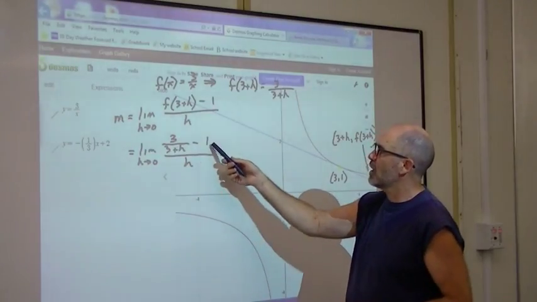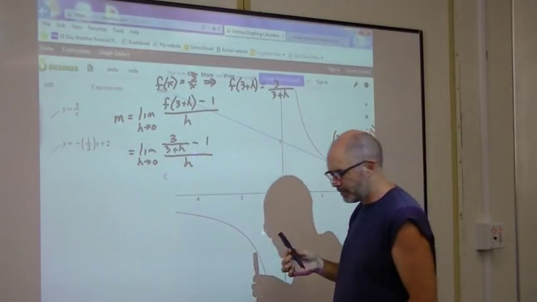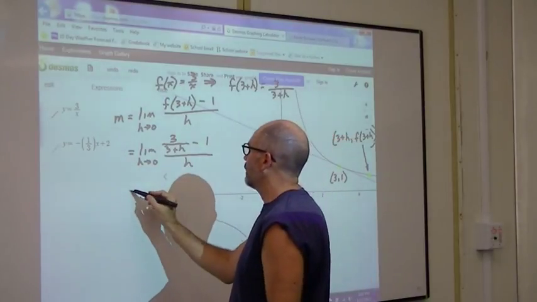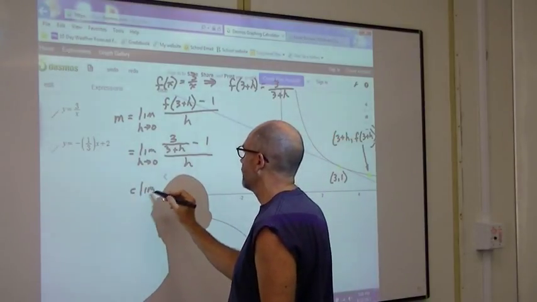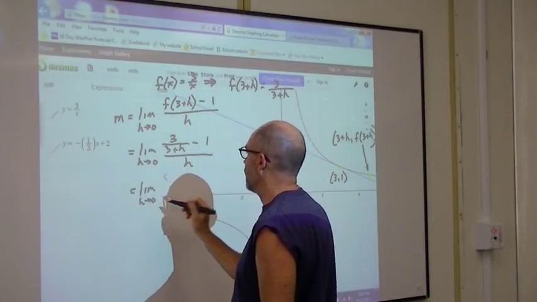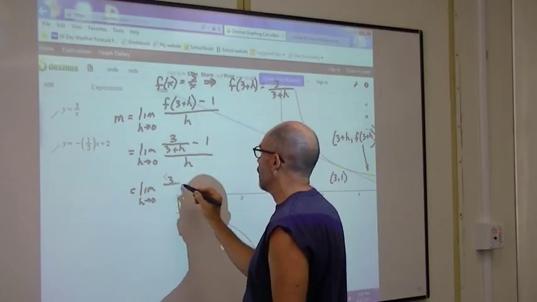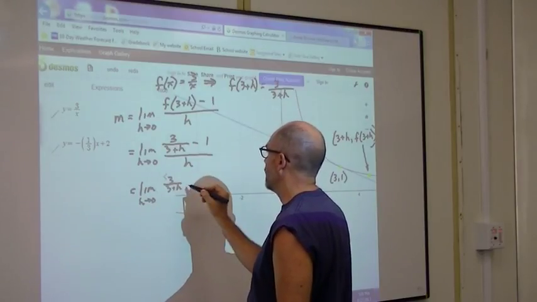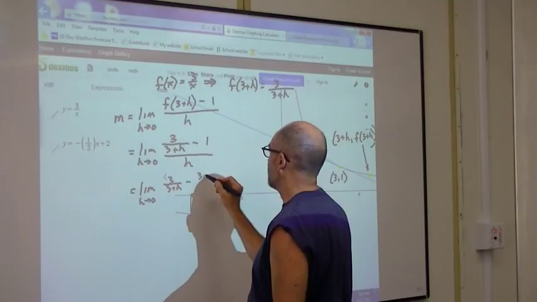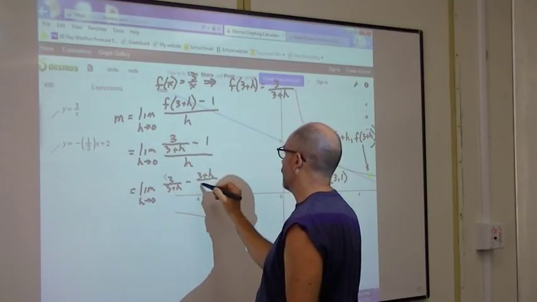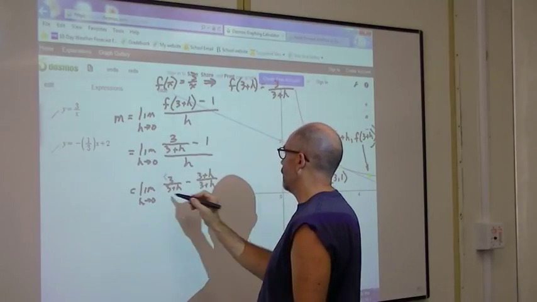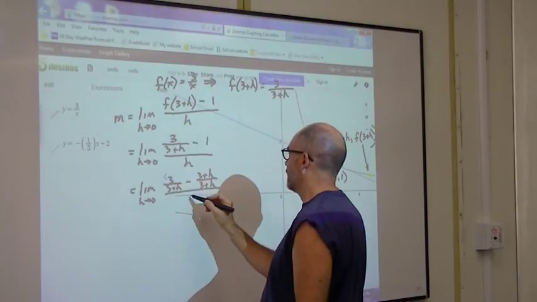I have to make the common denominator 3 plus h. So we've got the limit as h approaches 0 of 3 over 3 plus h minus 3 plus h over 3 plus h, all divided by h.